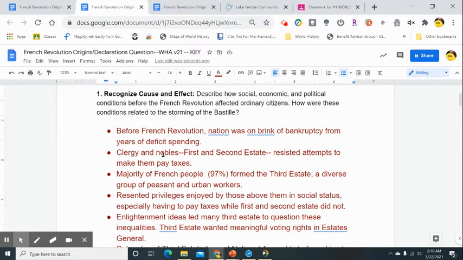They wanted meaningful voting rights in the third estate. We should say that they were outvoted every time because they only had one vote.